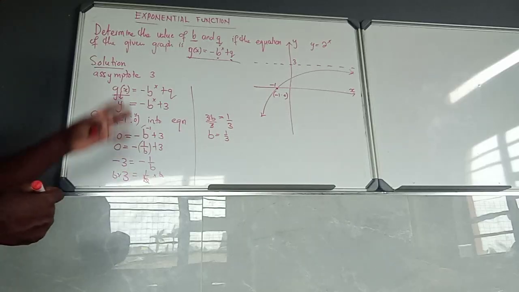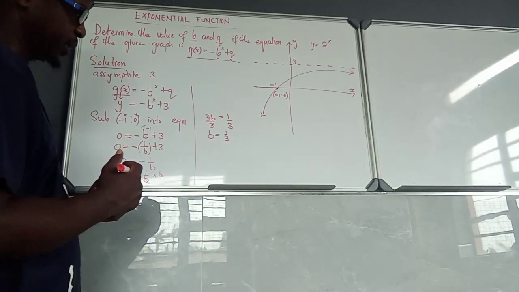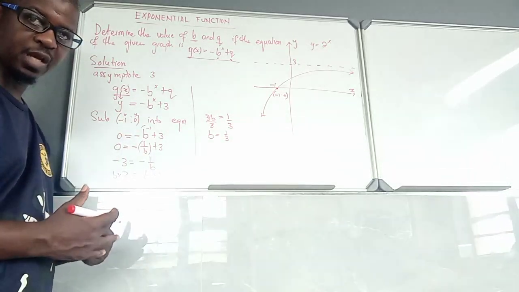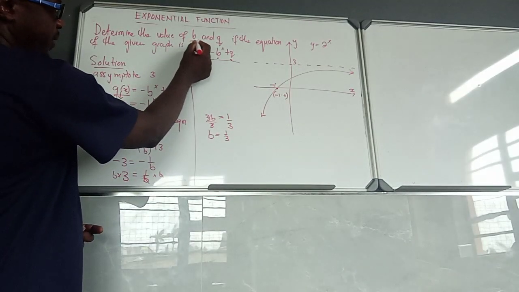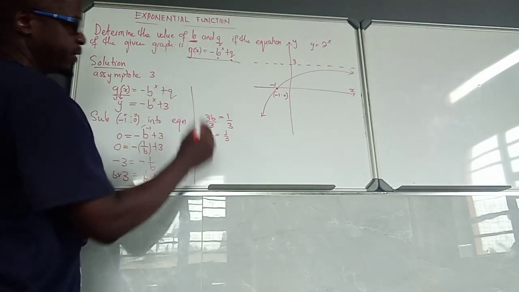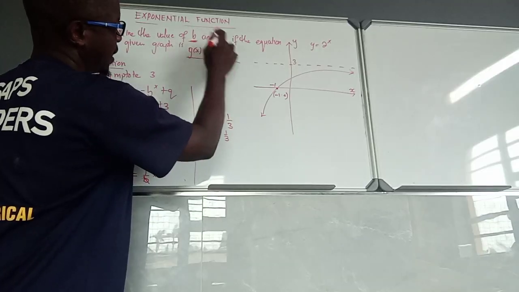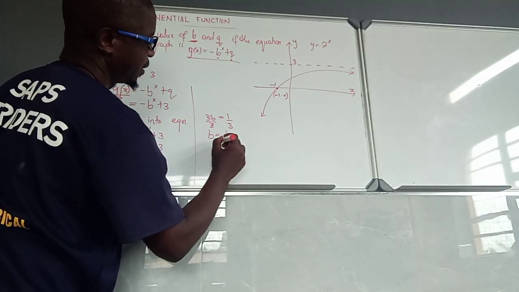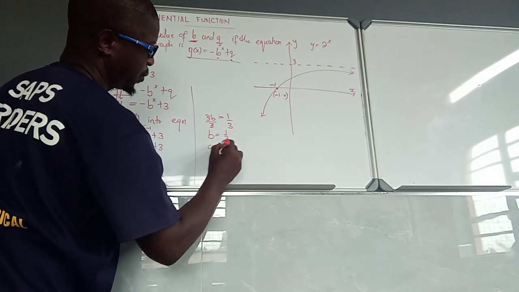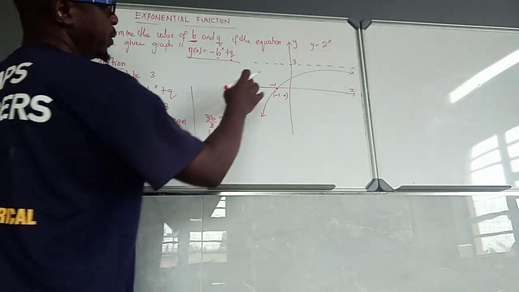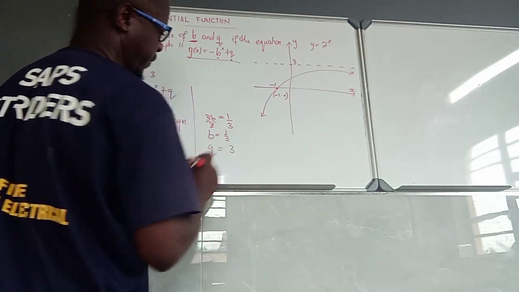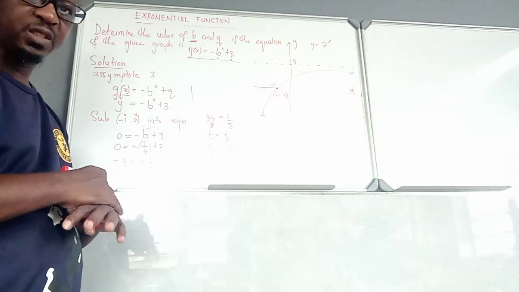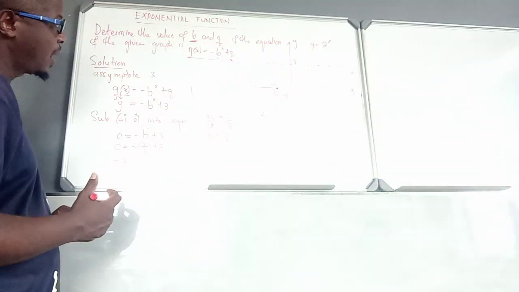So now this brings us to the end of this problem, because we are asked to find the value of b, which is a third, and q, we already found that q is equal to 3. But we wouldn't say it's completely finished.